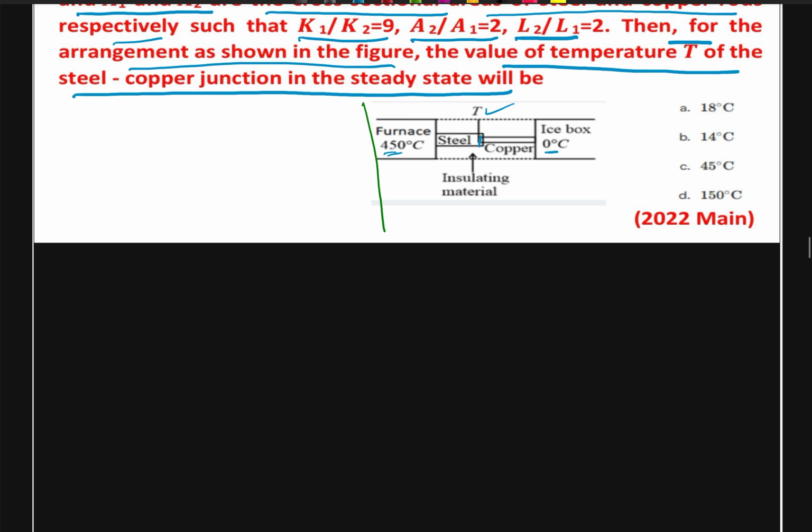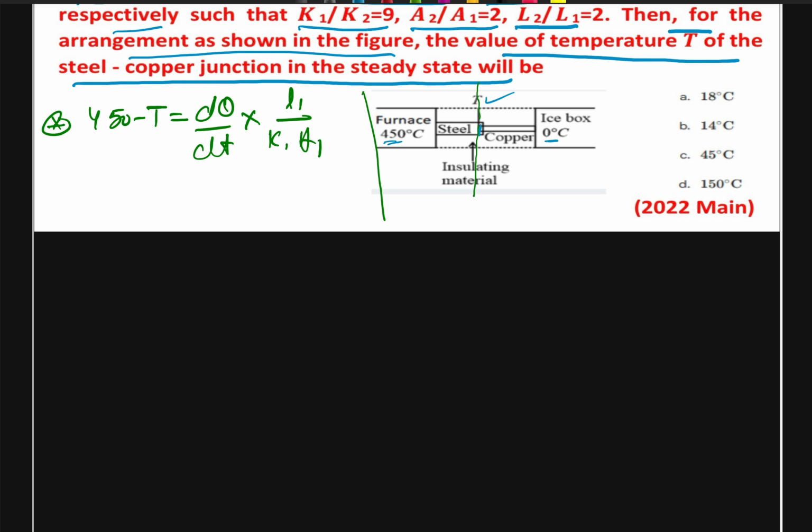So we can say that 450 minus T will be equal to our rate of heat dissipation, dQ by dt, multiplied by L1 upon K1 and A1, for the first part. Then we can write the same for the second part.